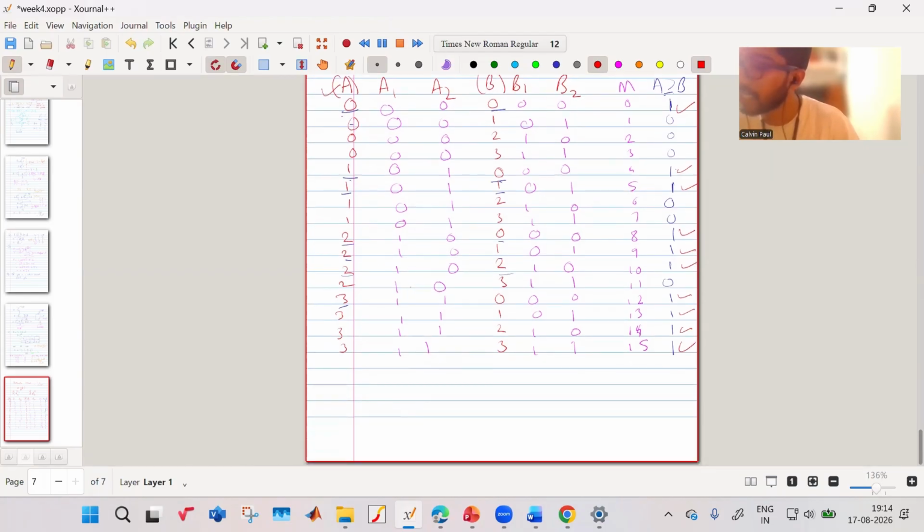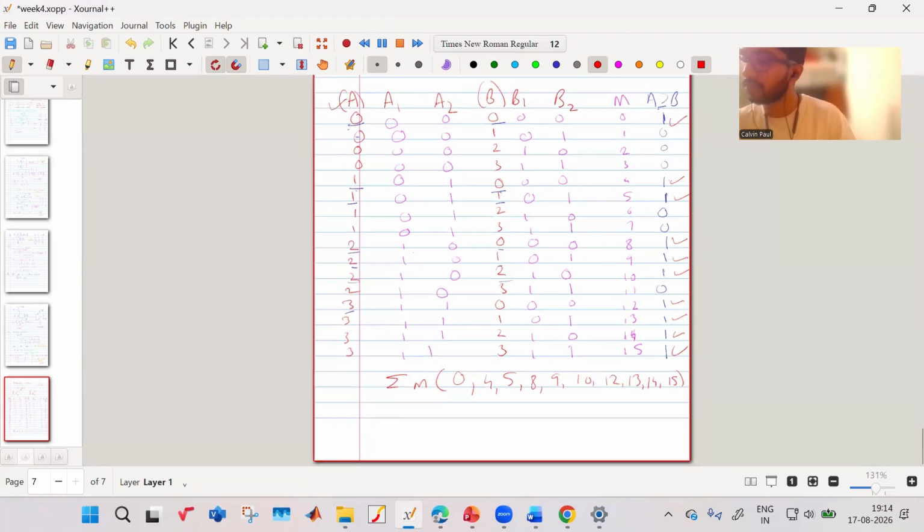Then we can find the K-map. We have to take minterms 0, 4, 5, 8, 9, 10, 12, 13, 14, 15. This is what we have to find.